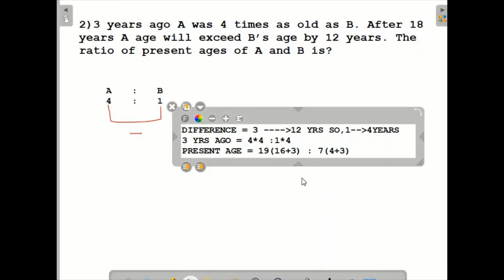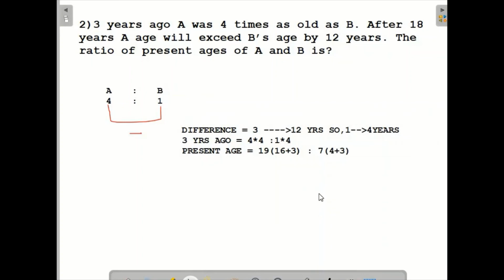Okay, we got our answer. So here we have the problem that 3 years ago A was 4 times as old as B. So we assume that B is 1 year. After 18 years, A's age will exceed B's age by 12 years. So we have to find the difference between A and B. It is 3 for 12 years.